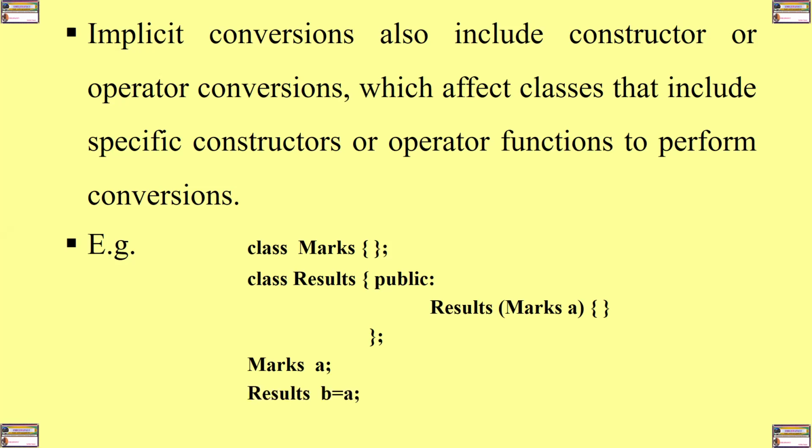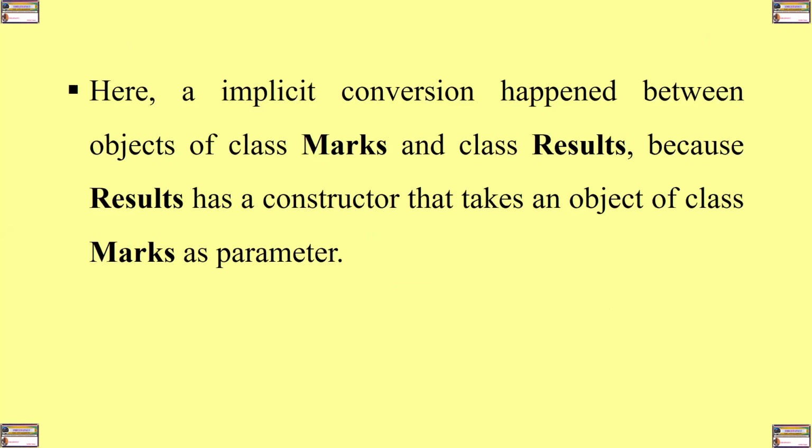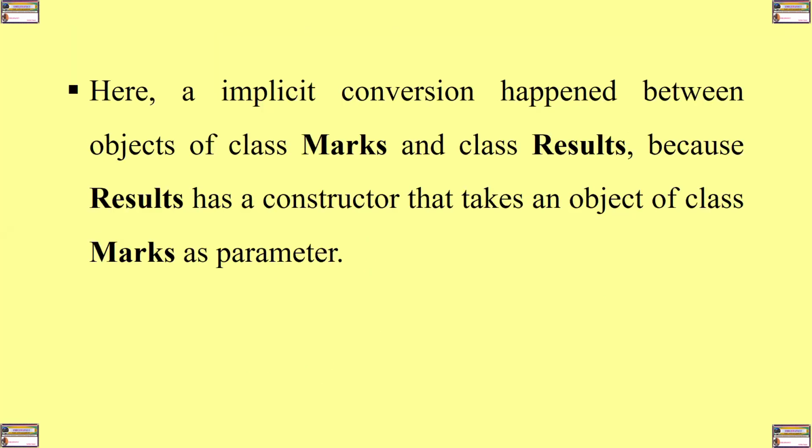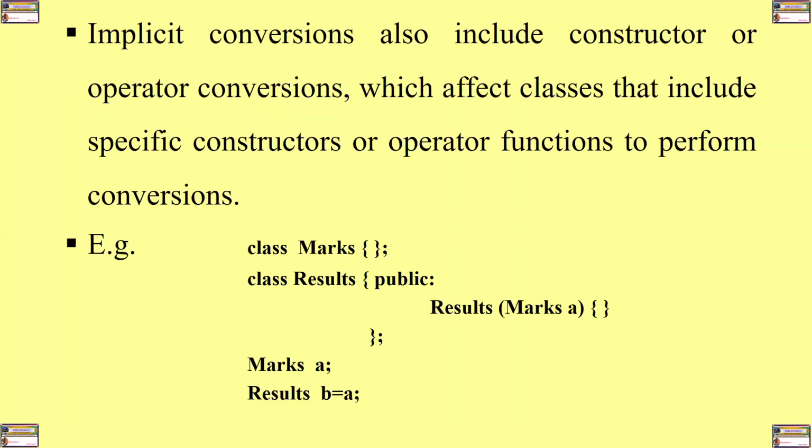From there, we can assign a to b, which is of type results. Here, an implicit conversion happened between objects of class max and the class results. Why? Because results has a constructor that takes an object of class max as parameter, just as you can see here.